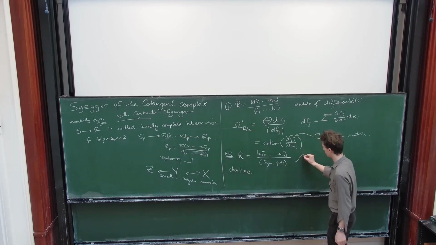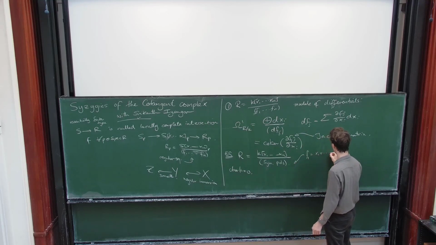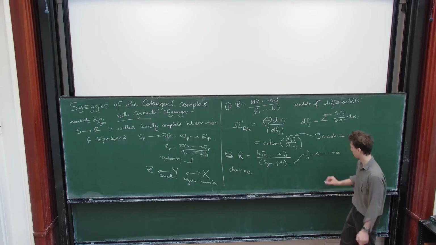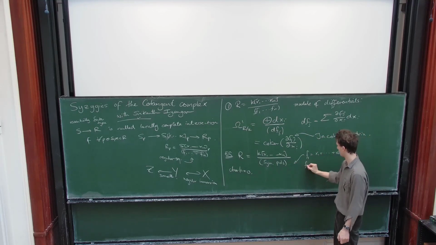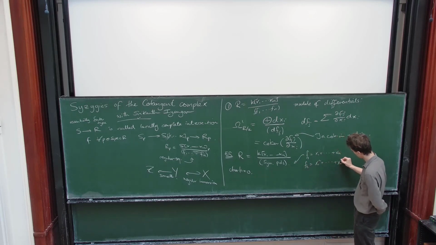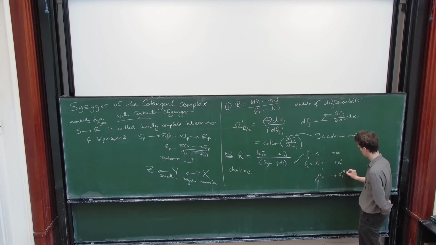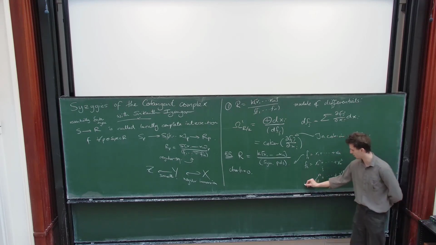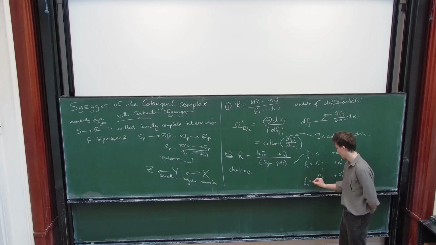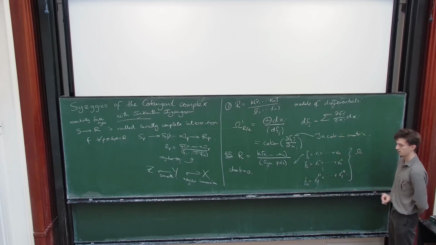In this case, you can take f1 to be the sum of the variables, that's a symmetric polynomial, and f2 you can take to be the sum of the squares. And if you go up to degree n, that's enough to generate all the symmetric polynomials.